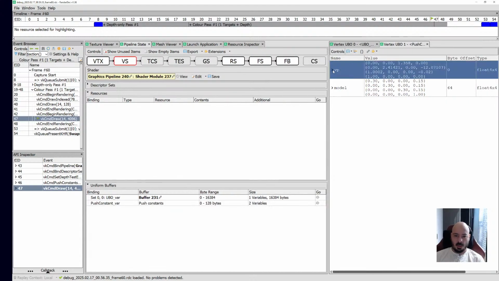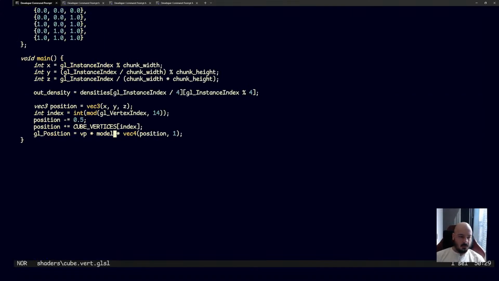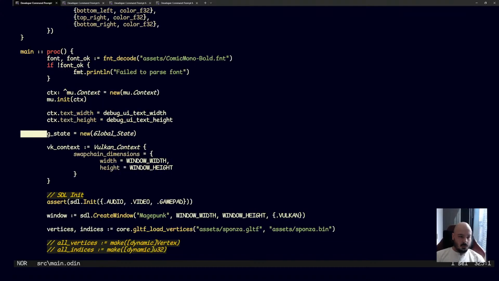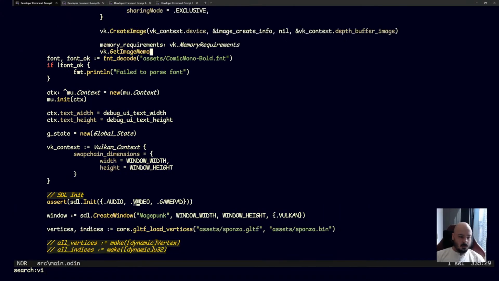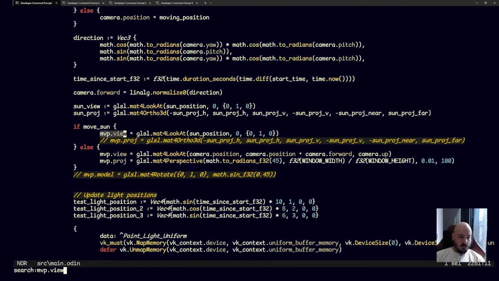Oh no, I've got it combined with the projection matrix. That's a good question. I don't know what happens. Let me have a look at it. View mvp.view. Yeah, see, we got a lookout matrix here, so I don't actually know what that is.